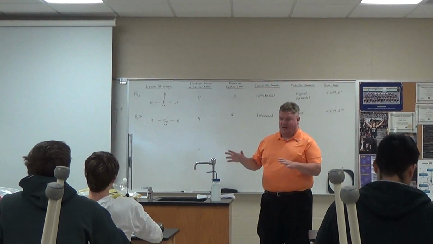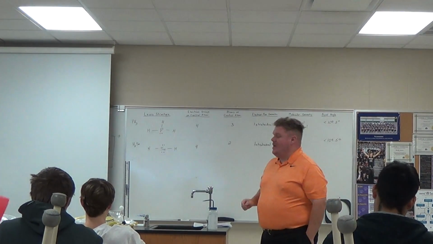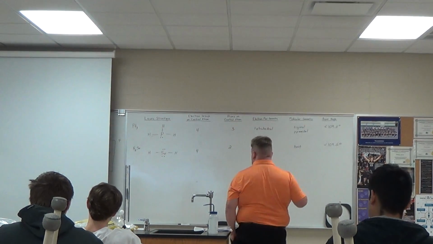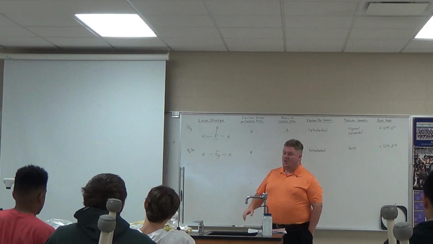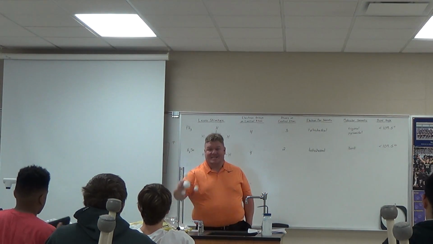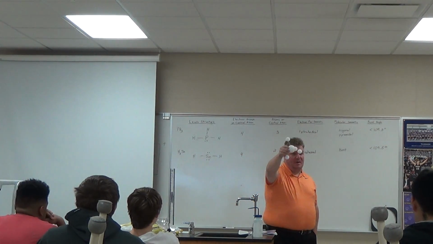You could do that, don't get me wrong. I've had students do that, and you can do that successfully. What you really want to be able to do, though, is, after having drawn the Lewis structure, visualize these shapes. You want to be able to see them. That's why I have you build them.